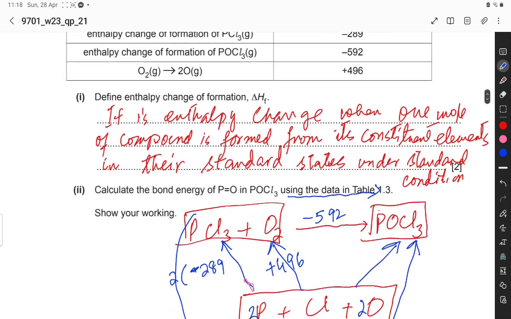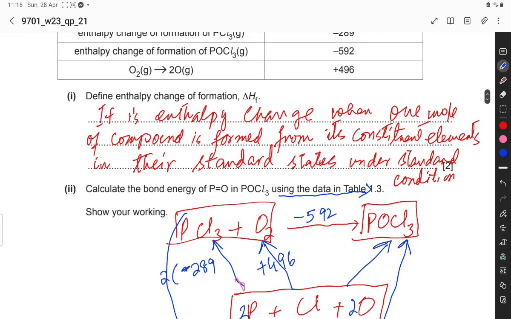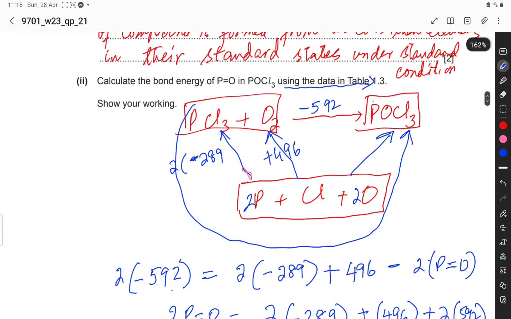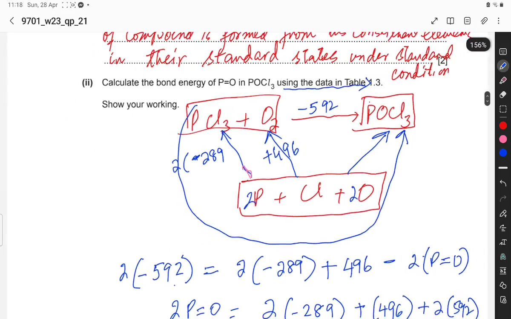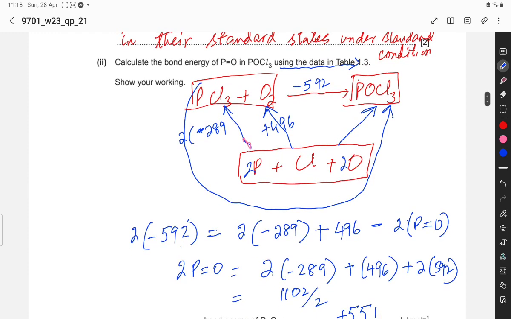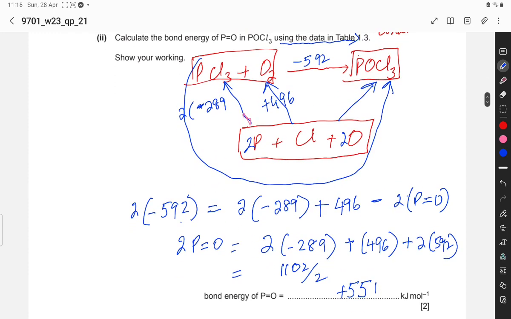And for oxygen, the enthalpy change of atomisation of an oxygen atom is plus 496. Calculate the bond energy of the P double bond O in POCl3 using the data in the table.